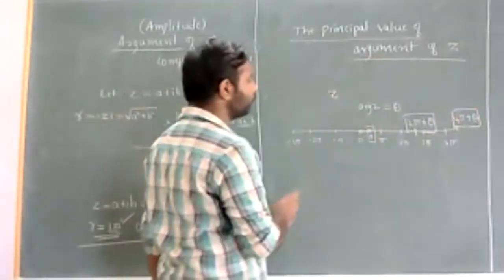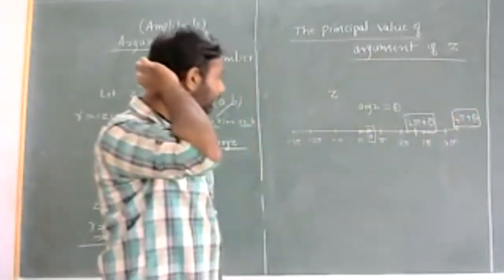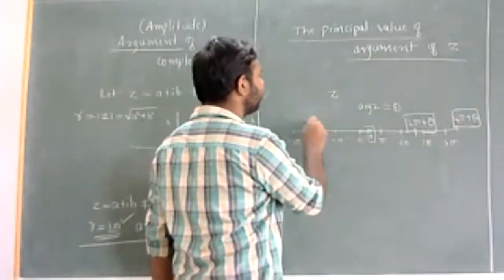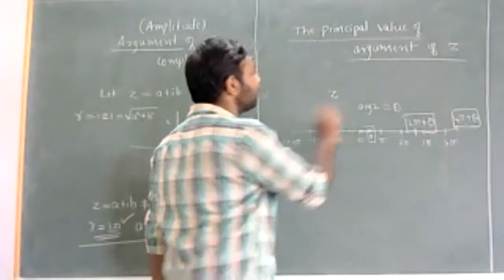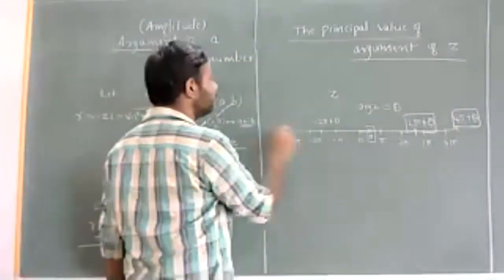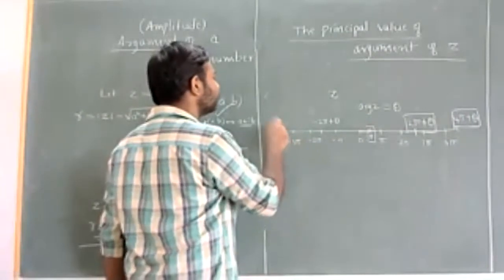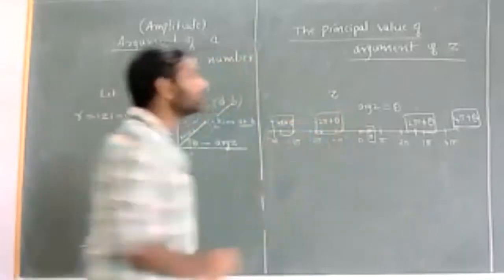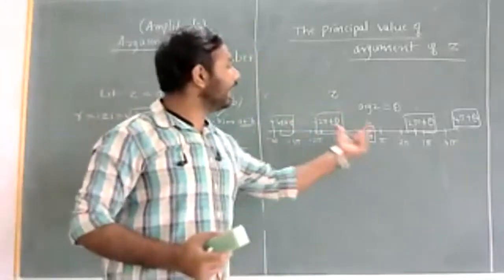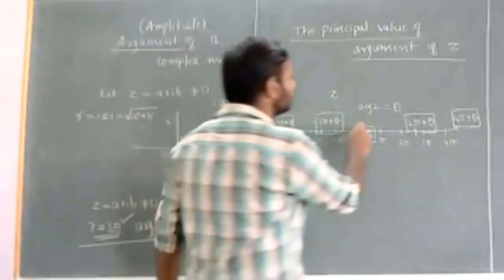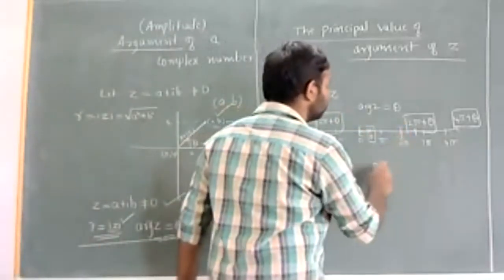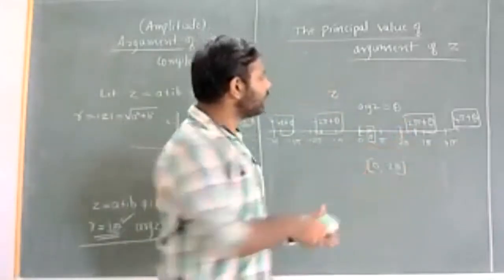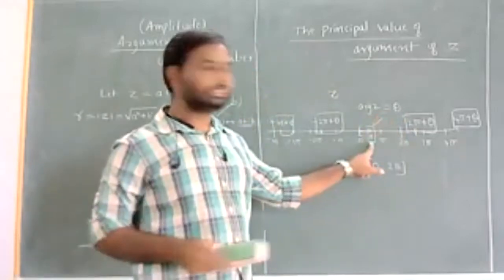And in the negative direction also, it will be somewhere here, minus 2 pi plus theta. If this is minus 4 pi, then here minus 4 pi plus theta. So these will be the argument values. Now, if we consider any interval of length 2 pi, if I consider the interval 0 to 2 pi, this interval contains only one argument, theta.